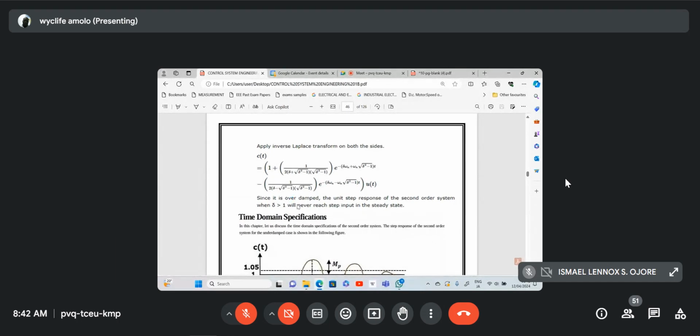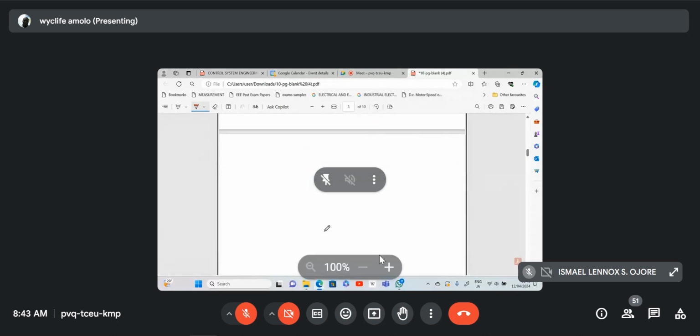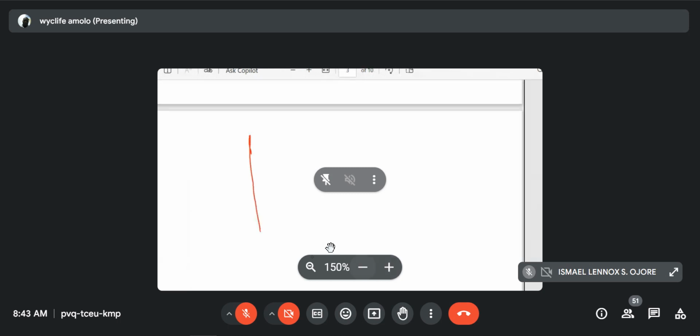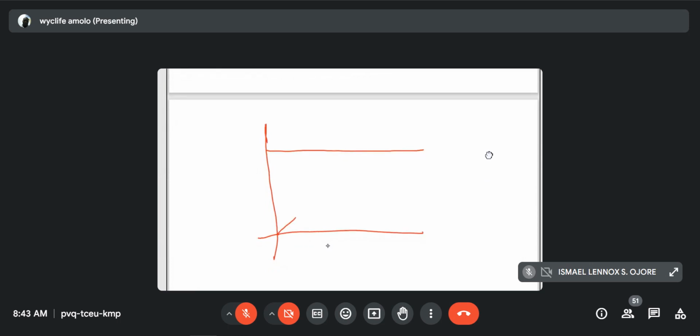Since it is overdamped, the unit step response of a second order system when delta is greater than 1 will never reach a step function input in a steady state. So in this case, it is going to be overdamped, and it will never reach it. If there's a step function there, it will be overdamped. It will just move like this.